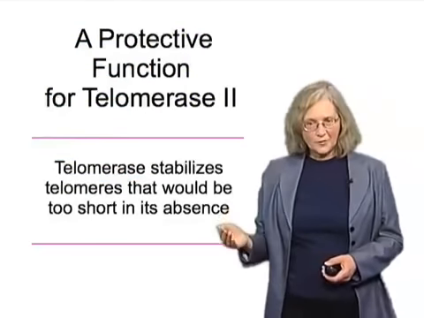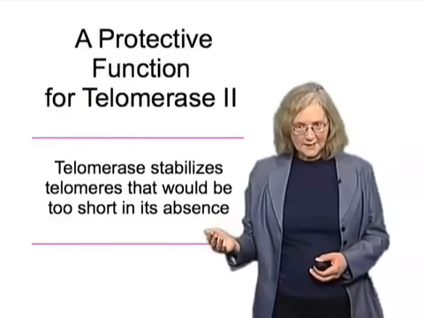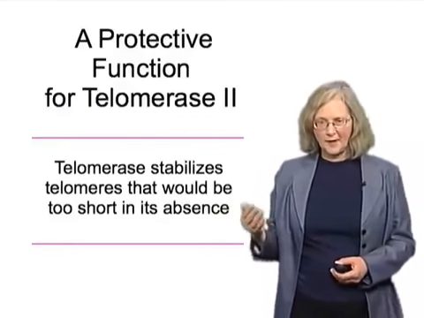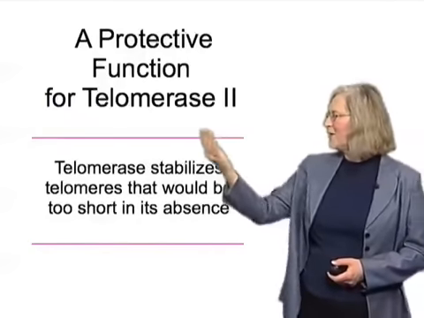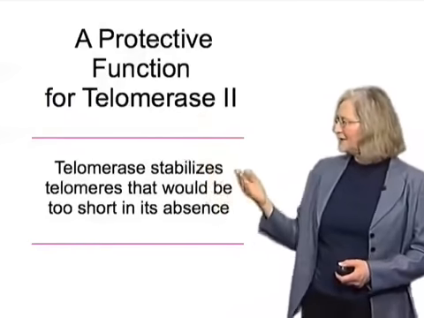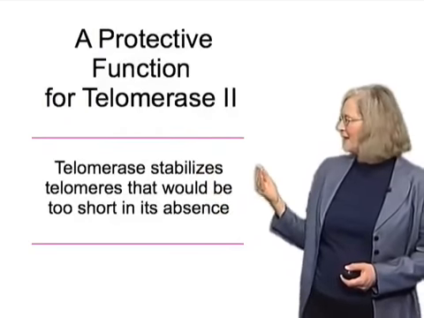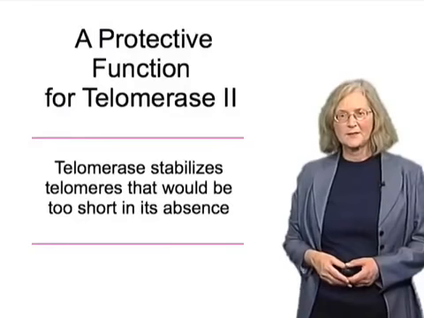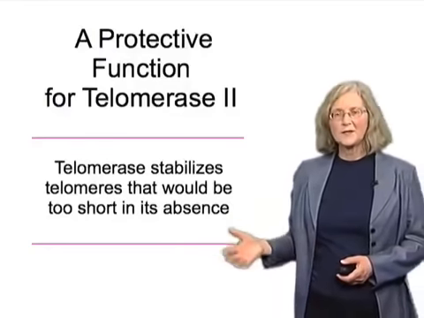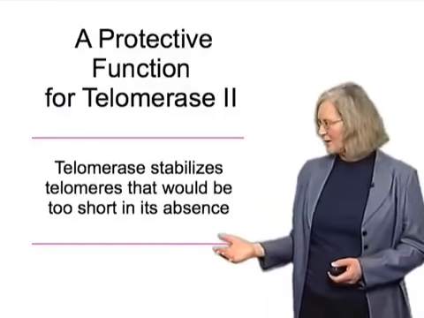I showed you the first piece of evidence in yeast systems in the first part of this lecture series, and now this is the second piece of evidence that telomerase is having a protective function. In this case, it's in human cells and it's stabilizing telomeres that otherwise would have been too short in its absence. This is not unique to human cells, it's been seen in yeast systems as well, experimentally.